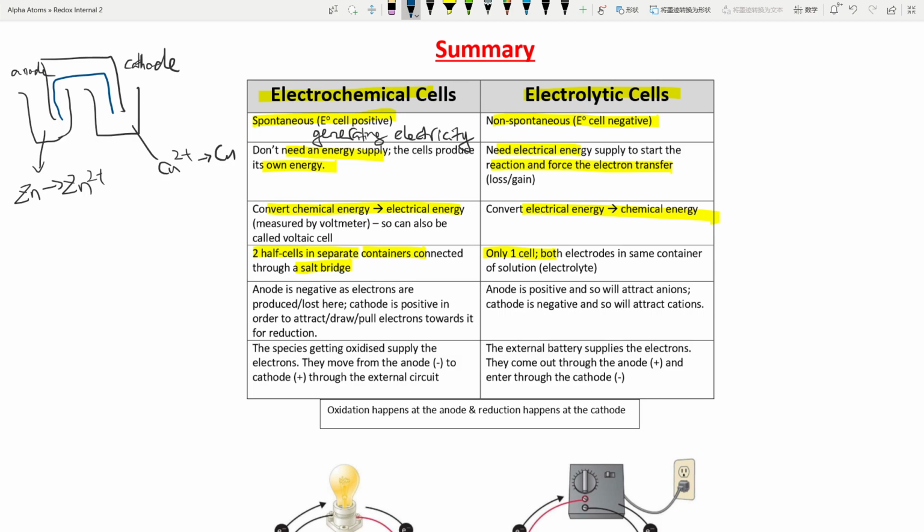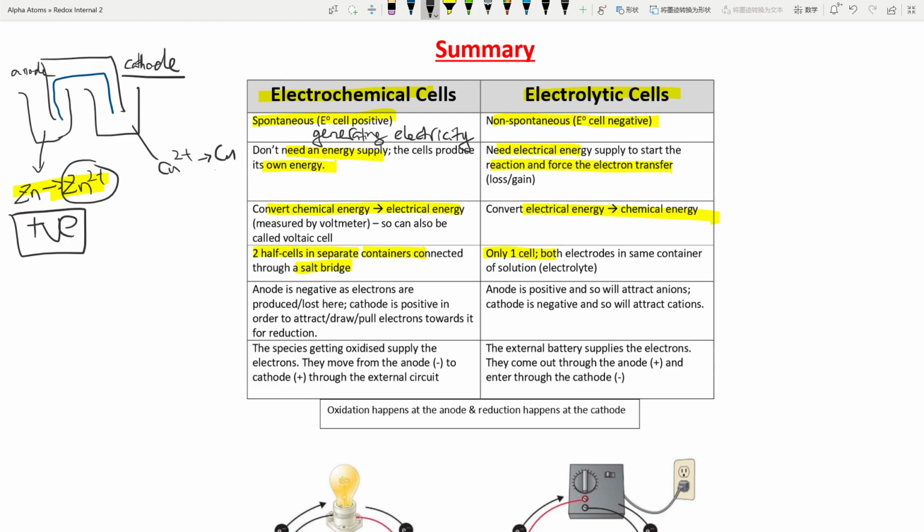As you can see, with zinc turning to Zn2+, the anode is going to become more and more positive. On the cathode, it's going to become more and more negative.